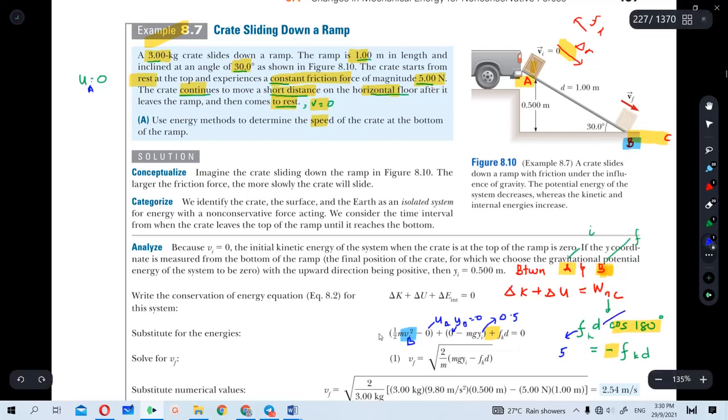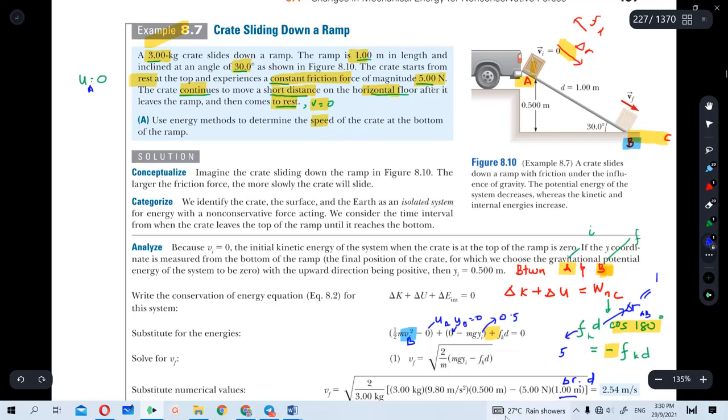And how about D? Observe here that the D or the delta R is between A and B. That's the reason why it's equivalent to 1 meter. This is delta R, which is D as well.